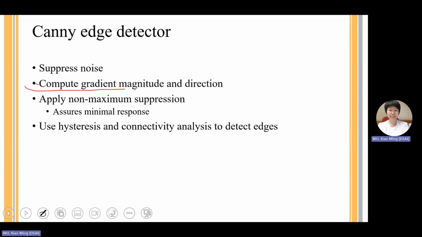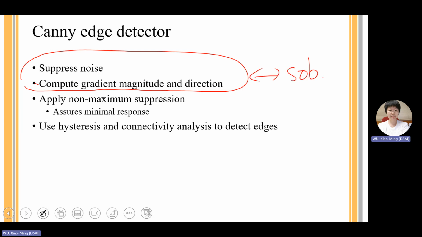Essentially equivalent to Sobel, because you just use the derivative of Gaussian. In the following, we're going to show you how to address the multiple response problem.